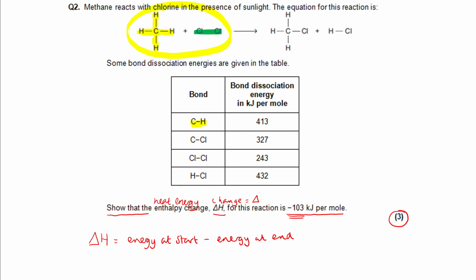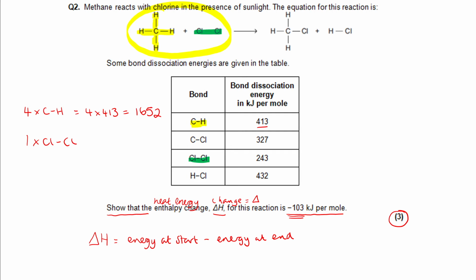So now that we've looked at all of the bonds that we've got, we can start to calculate these. Now we said we had 4 lots of C-H bonds and we have 1 lot of Cl to Cl bonds. So 4 lots of the C-H value, which is 413, would be 1,652, apologies, and the Cl to Cl is 243.